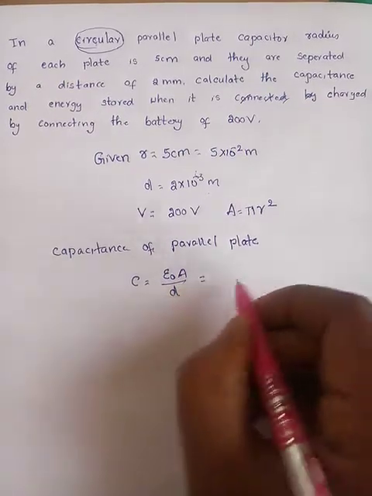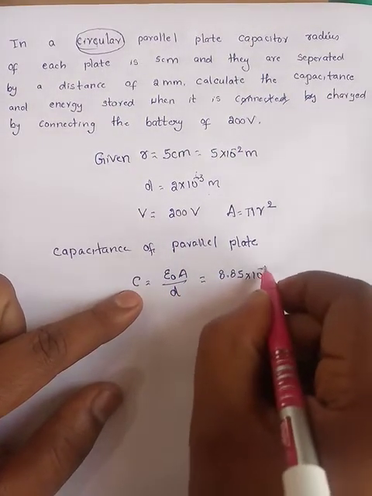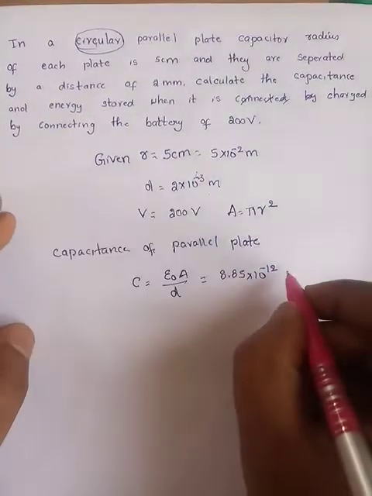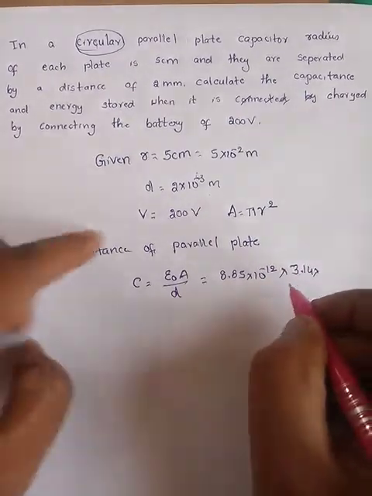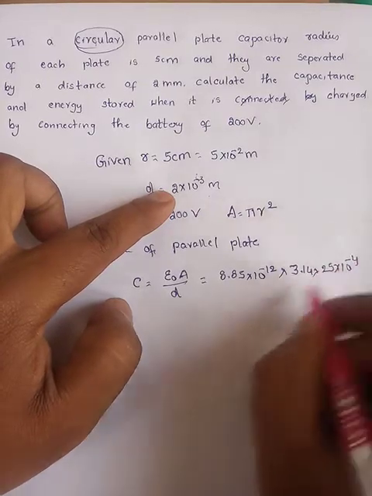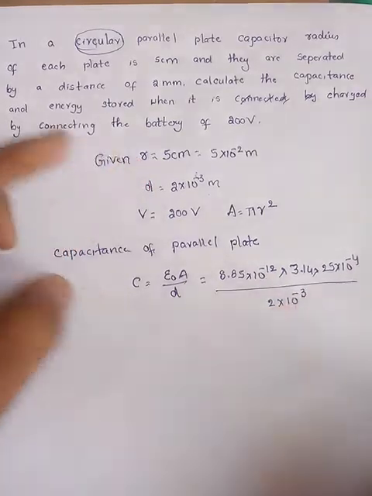So epsilon naught, 8.85 into 10 raised to minus 12, into pi, 3.14, r square, squaring on both sides, 25 into 10 raised to minus 4, by distance, 2 into 10 raised to minus 3.